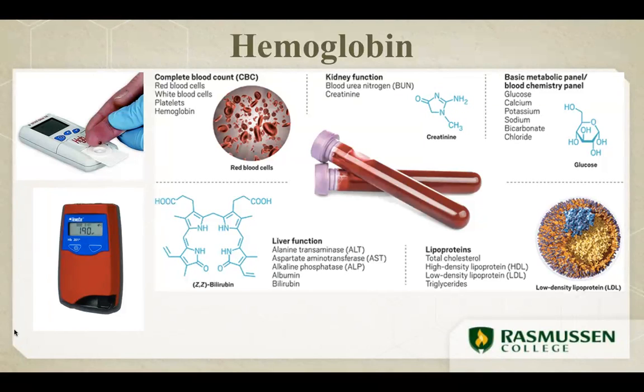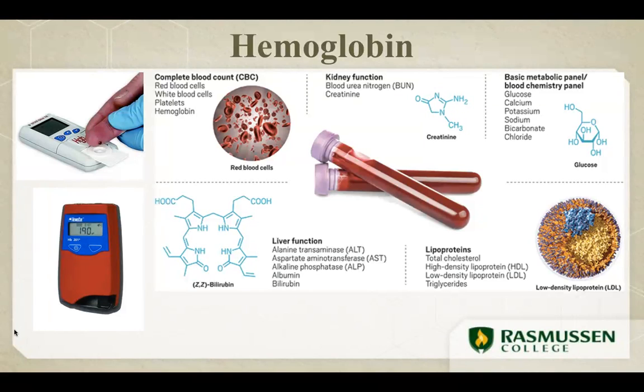Because of its ability to bind with oxygen, hemoglobin in the blood is responsible for carrying oxygen throughout the body. Thus, a higher hemoglobin level means that your body is able to transport more oxygen, and a lower level means that it can carry less oxygen in circulation.